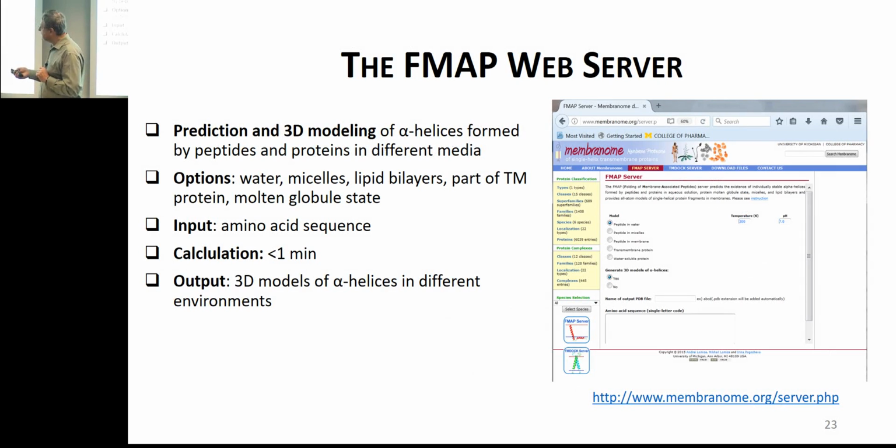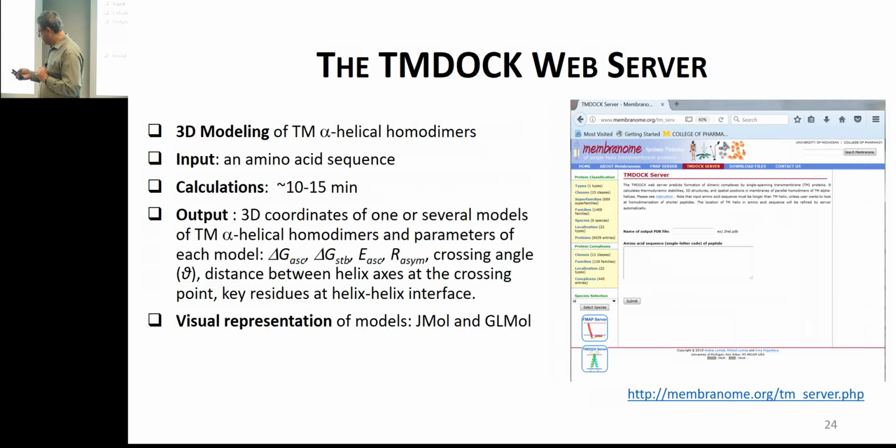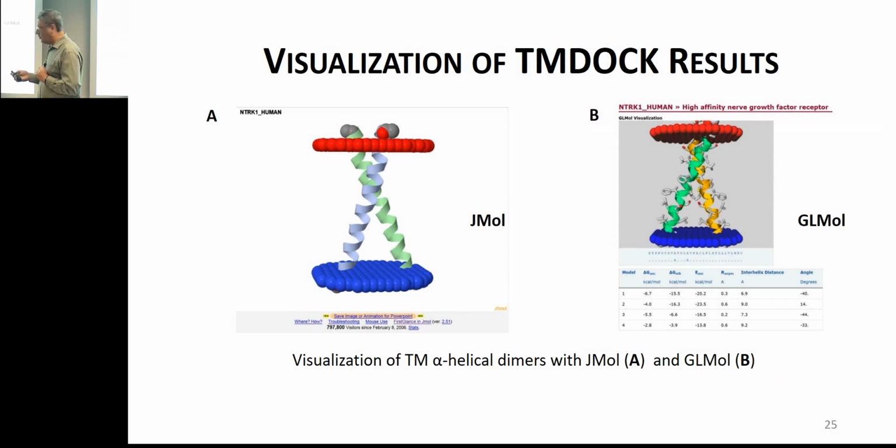And two web servers, one of them is Helixmap for modeling of alpha helices in different conditions, and can be used for peptides in water, micelles, lipid bilayer, for proteins, and then the Dock web server, which can be used for modeling transmembrane alpha helical dimers, and it produces different models of the dimers, and the models can be easily visualized using Jmol.